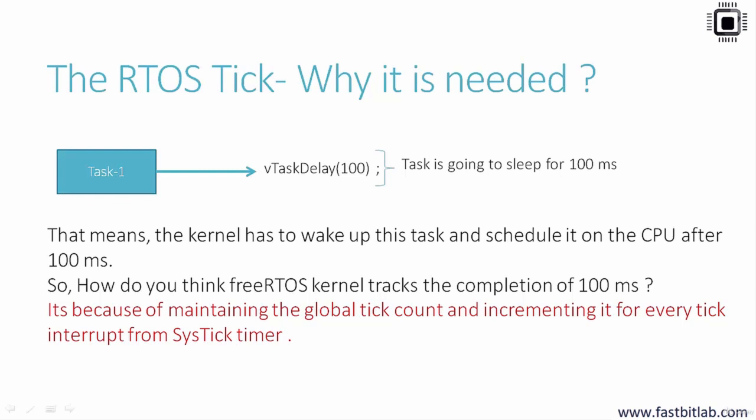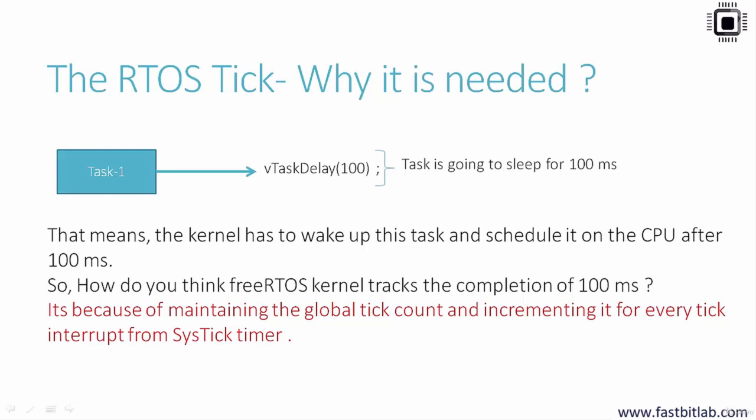The answer to this question is that FreeRTOS calculates the time with reference to the global tick variable that is being updated by the SysTick interrupt. As you know, the tick count variable increments for every kernel tick, right? So if the tick rate Hz is 1000, then a tick interrupt happens every 1 millisecond, isn't it?